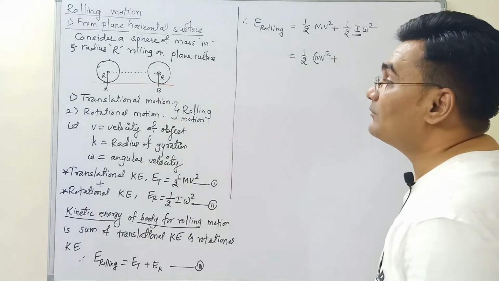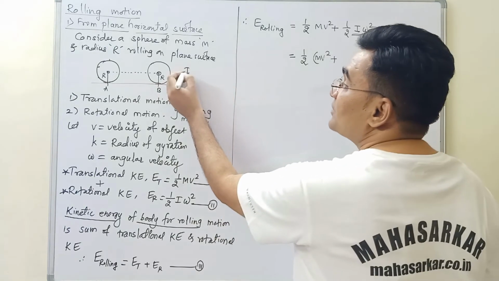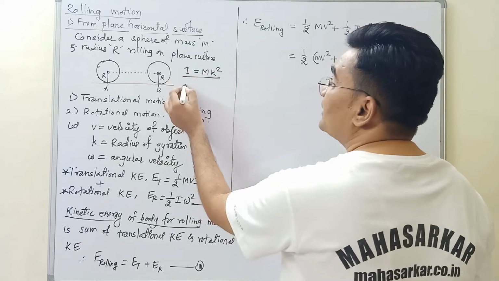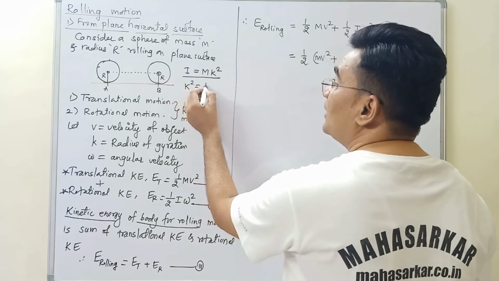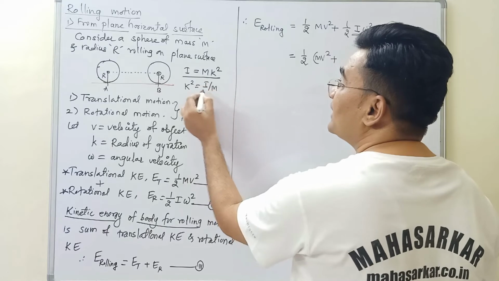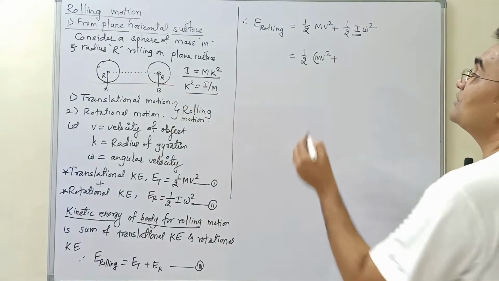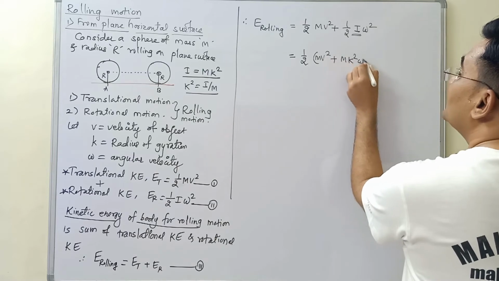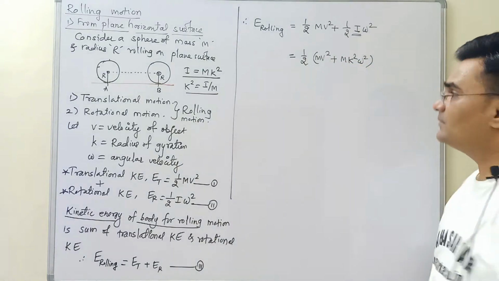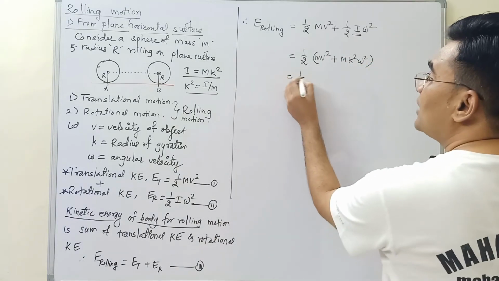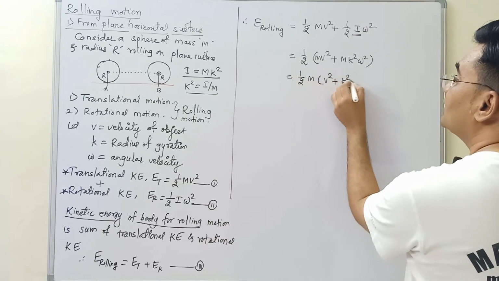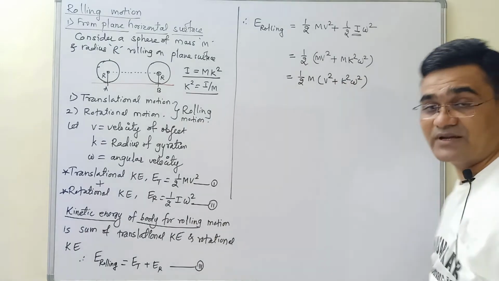If you want to write moment of inertia in terms of radius of gyration, then you will know that I is equal to m k square, because k square is equal to I upon m. You have learned this. Okay, k is radius of gyration, so I will write I as m k square omega square. Let's take m common. So half of m into v square plus k square upon omega square.